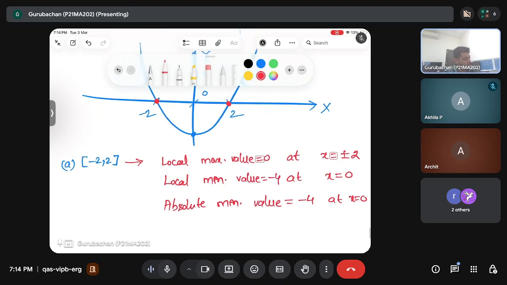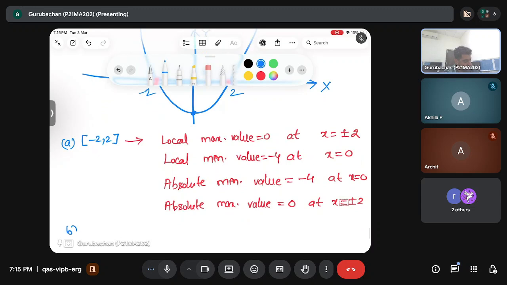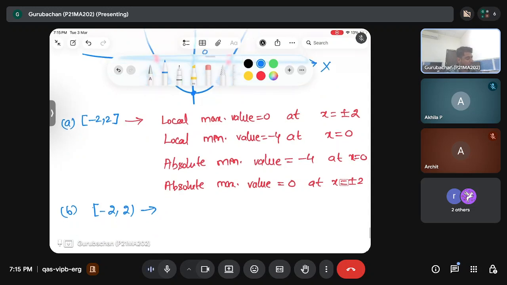So next one is, now what if I take one point out of it, that is 2. Again the answer will be the same as above. Yes, sir. You have to exclude x equal to 2. You have to exclude this point.